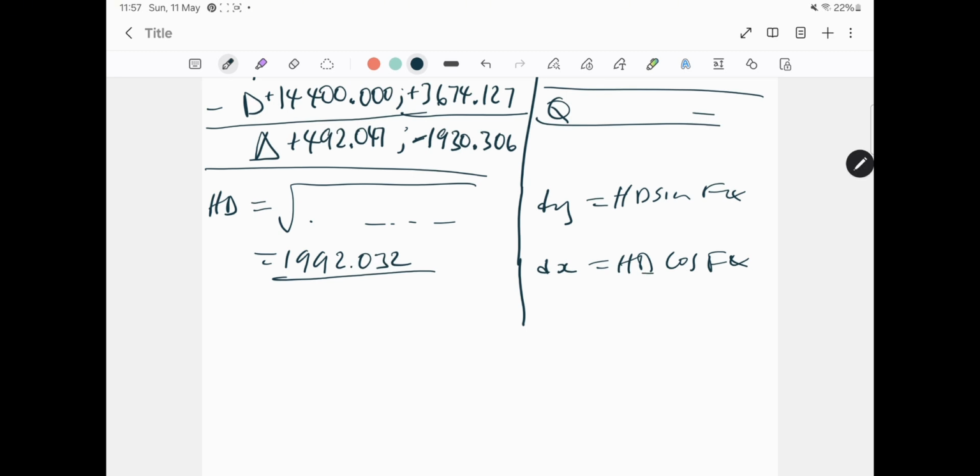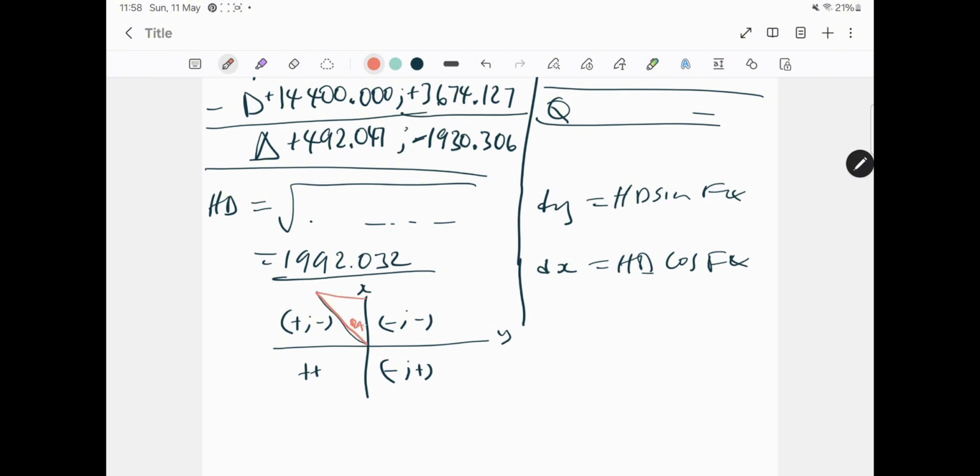So that's our HD. Then for a quadrant angle, it's positive, negative, then positive, negative. Then this side, remember, it's your x, it's your y, so it's negative, positive. So in our case, a positive and a negative is in the second quadrant. So we are here.